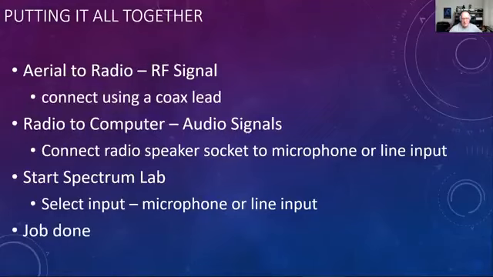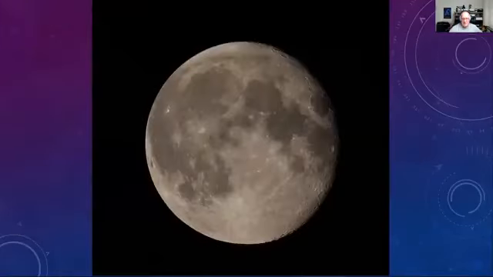And really, that's it. Now, you're going to say, well, why is the moon there? Even though I've been a radio amateur for nearly 40 years, the most distant signal I've ever received is from the GRAVES transmitter in France. But of course, that's when it's bounced off the moon and come back.